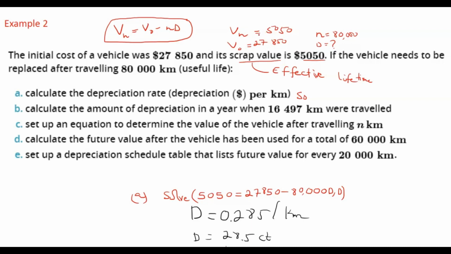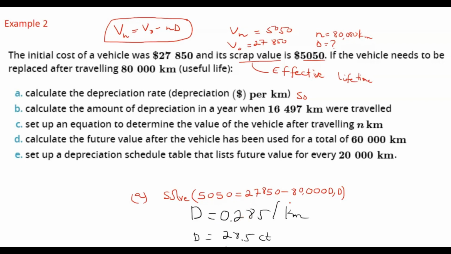Now we know the value of the scrap value, which is the V n, 5,050. The initial value was 28,850, and the number of kilometers the car covered was 80,000. We want to find out what D is, so we can use the solve, which is basically this one here.